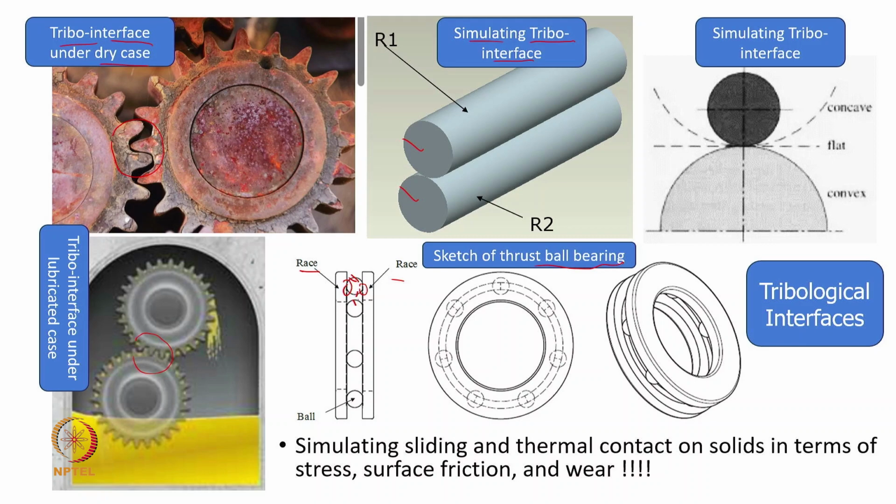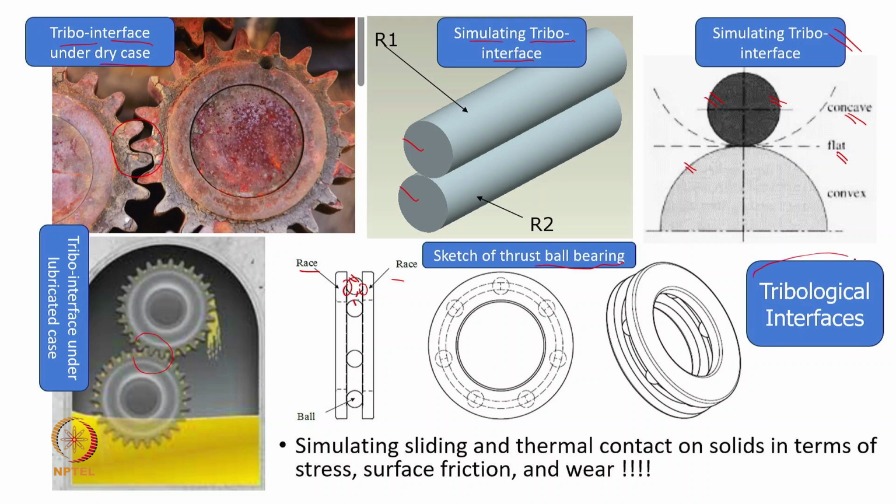To simulate those, we often use, if this is a ball and this is a ball interface, something like a ball versus ball. When we use a ball and concave interface, then we say there is a cage and ball, and we use a flat for the race and ball. So these are the kinds of simulations we use to simulate the tribo interface.